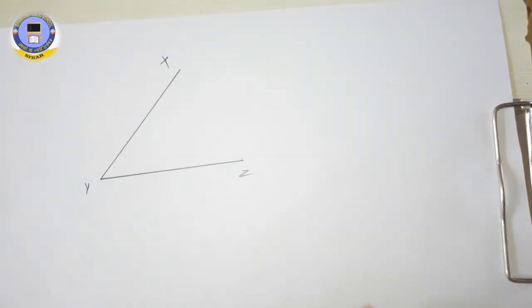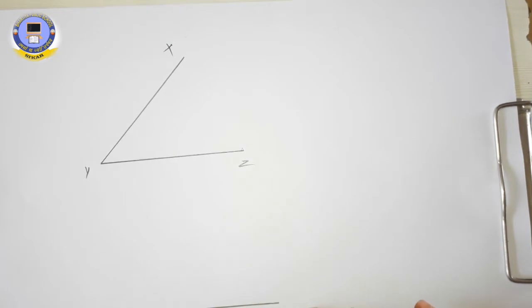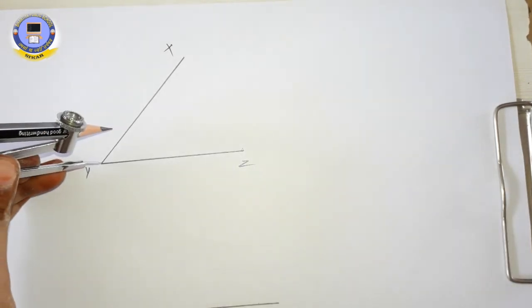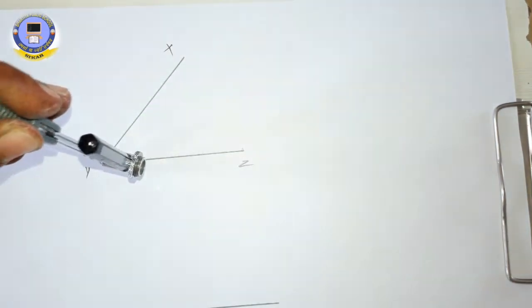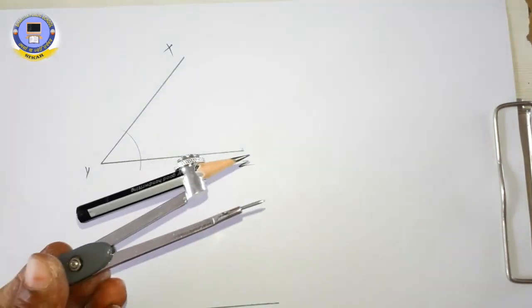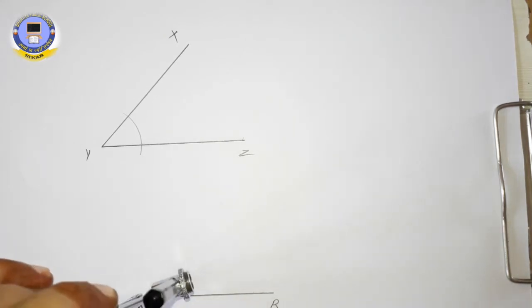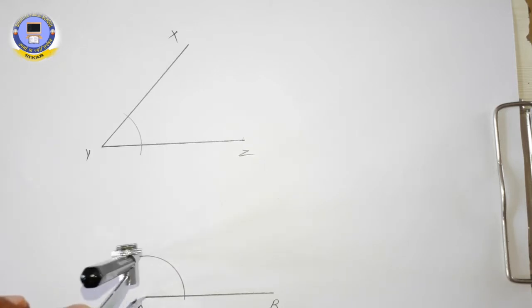Draw a line segment AB of any length. Open the compass, cut an arc from point Y. With the same radius cut an arc from point A. You will not change your compass.